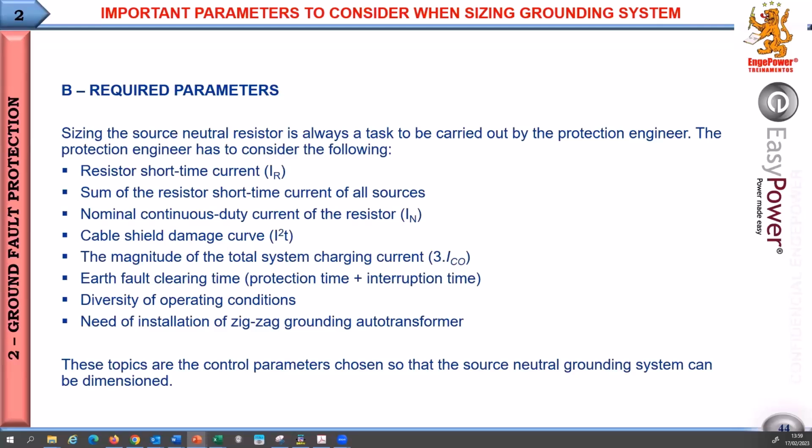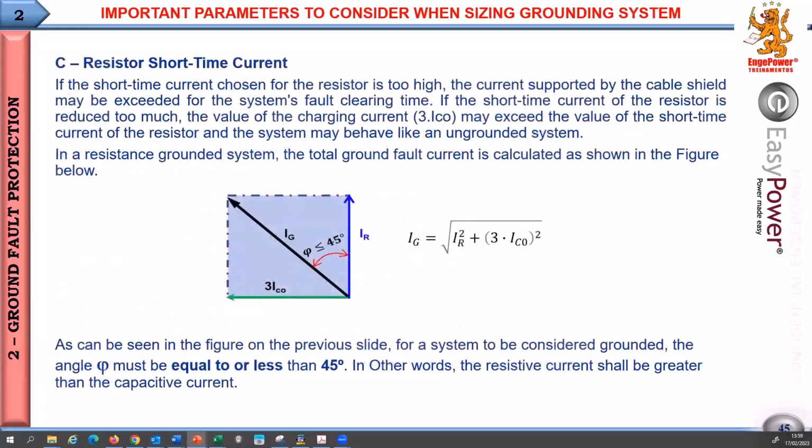I have today some plants that have 3 utility transformers and 4 400 MVA generators, for instance. So it's huge plants. Need of installation of a zig-zag transformer. Okay. Resistor short time current.